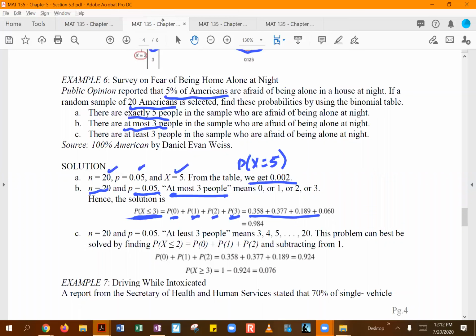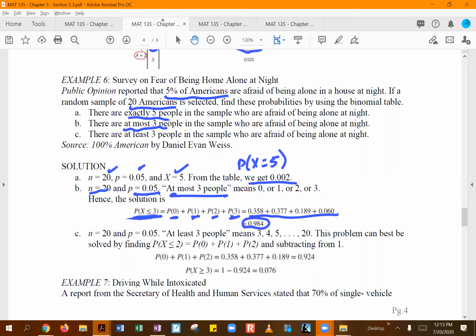And you can see that total comes out to be 0.984, which is a pretty high probability. I mean, you are talking about 0.984 probability that at most 3 out of the 20 people would be afraid of staying home at night. So that's a pretty high probability here.